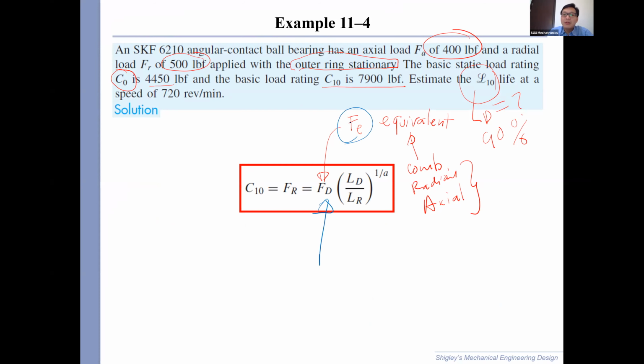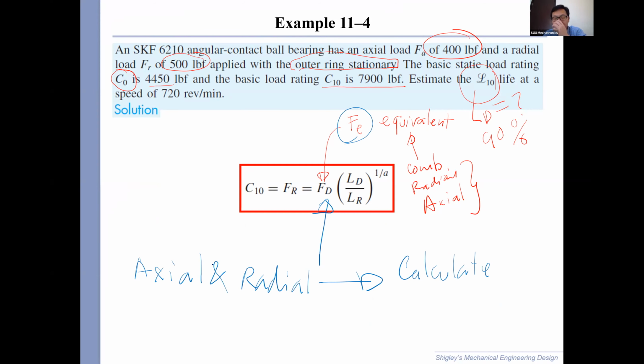So every time you have axial and radial, you have to calculate. I'm not gonna put plus here because some of you might thought it's addition. Okay, it's not addition, it's a combination. Calculate FE. I cannot stress how often students miss this.